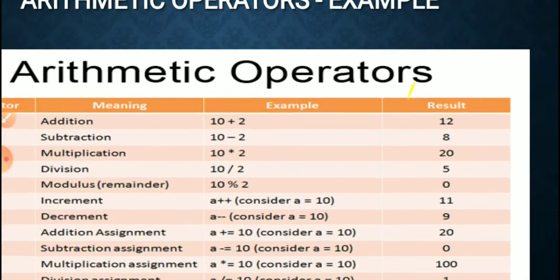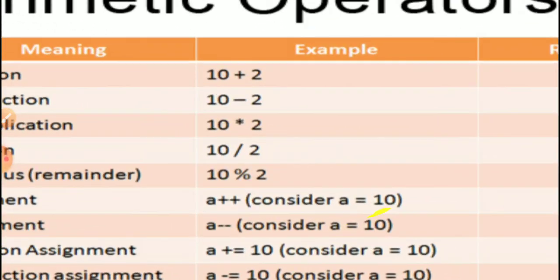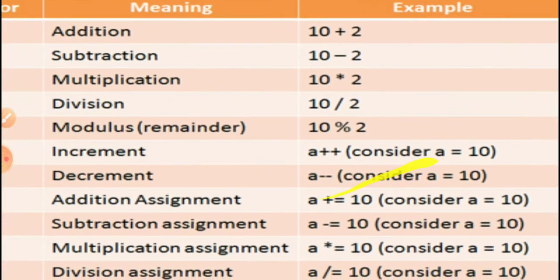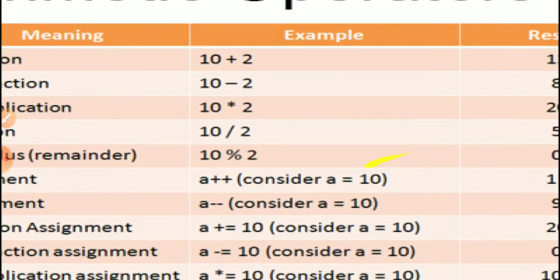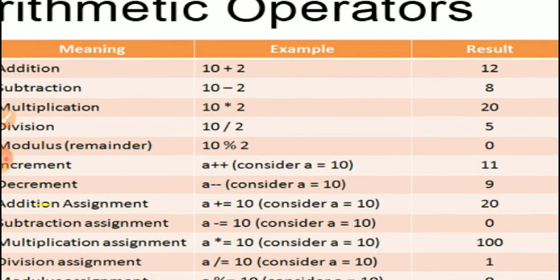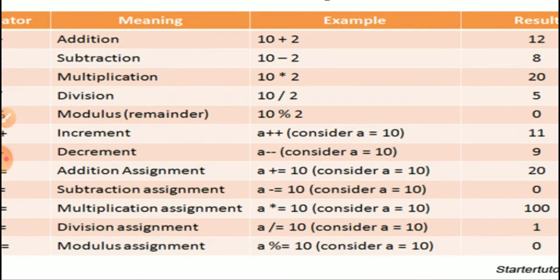Children, listen to some examples for arithmetic operators. Addition, 10 plus 2, the result will be 12. 10 minus 2, the result will be 8. This is subtraction. Next, multiplication, 10 into 2, 20.